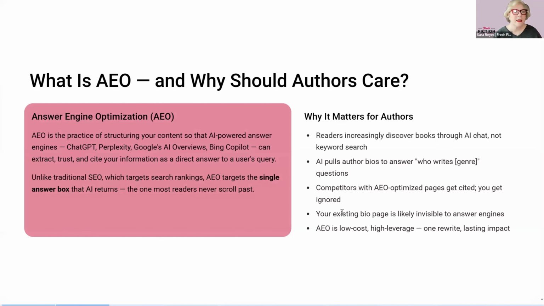So again, this is what AEO is and why you should care about it. Answer engine optimization is the practice of structuring the content on your website so that the AI-powered answer engines, which include ChatGPT, Perplexity, Google's AI Overviews, Bing Copilot, Claude and Gemini and all of those that are out there, can extract, trust and cite the information as a direct answer to a user's query.